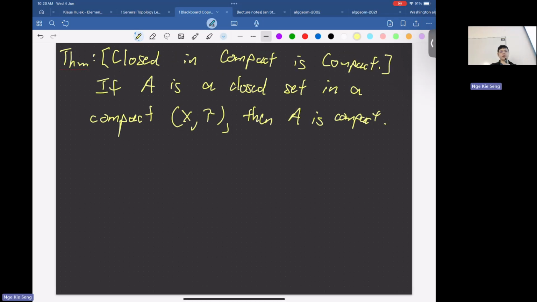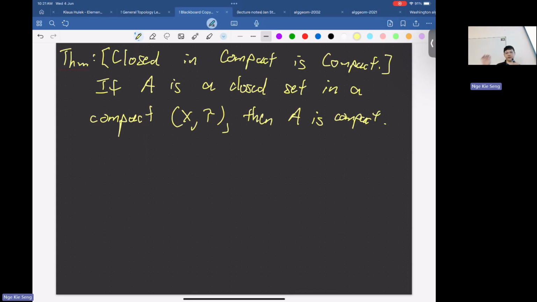Okay, let's think about how to prove this. This proof is also very easy. So to show that it's compact, what's the definition? Every open cover of A has a finite subcover.